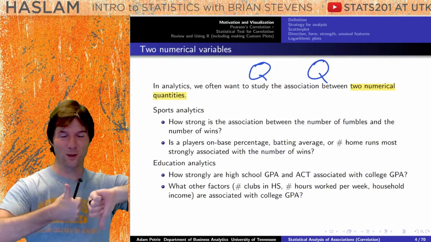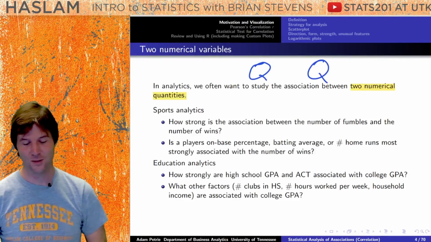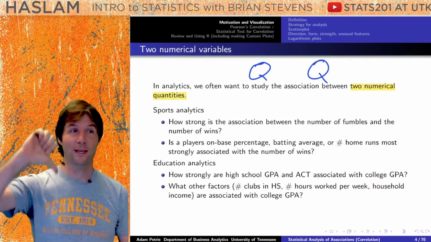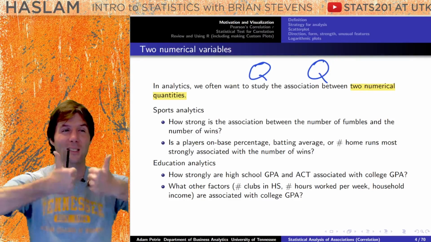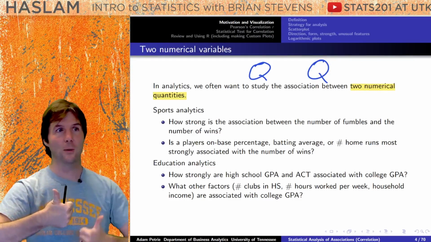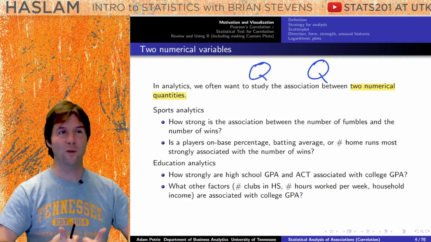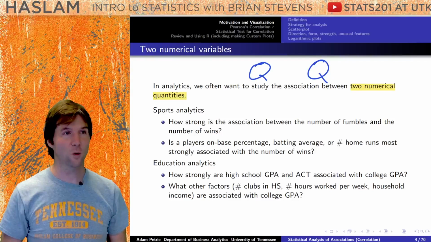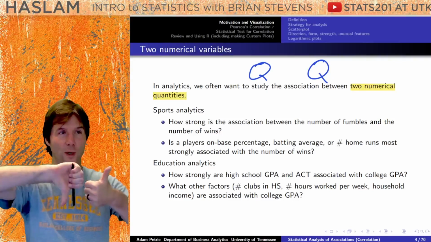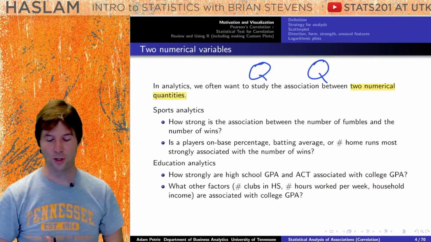That's a negative correlation when they go in opposite directions. But if you said something like less passing yards, less wins, that's also positive because more passing yards, more wins. So when they follow each other in the quantitative direction upwards, it's a positive correlation. When they go in opposite directions, it's a negative correlation.